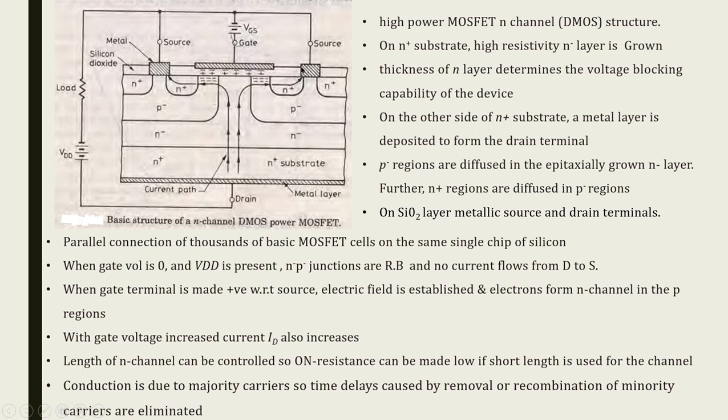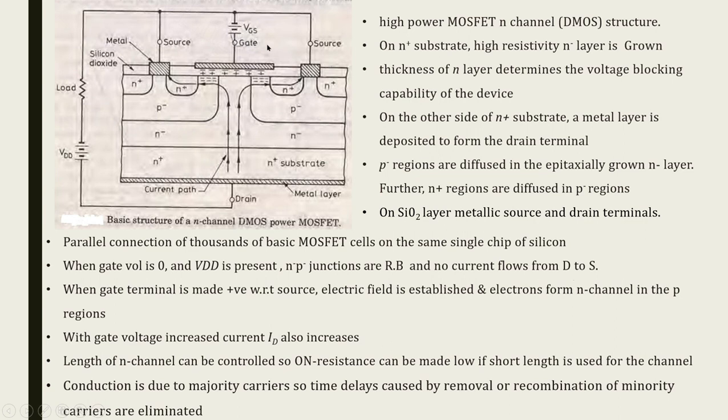In that case, with no gate voltage, this P minus N minus junction will be reverse biased, and no current will flow from drain to source because it is reverse biased. Okay, so no current. In case of BJT, there will be minority carriers for current, but here only majority carriers are there, so no current will be there when it is in reverse bias condition. Okay, so no current will be flowing from drain to source.